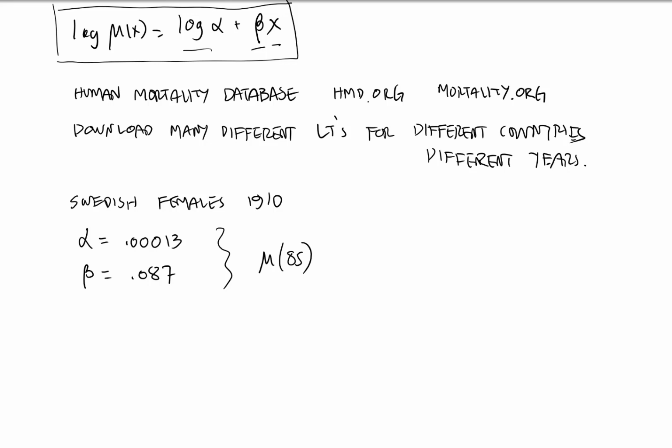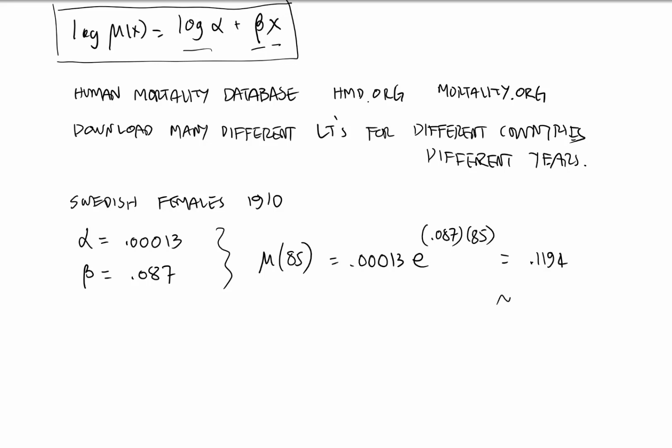It would be 0.00013 e to the 0.087 times 85. And if I did that properly, you should check, that was 0.1194.